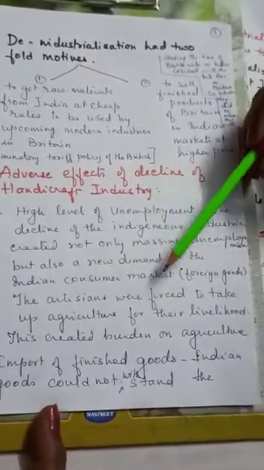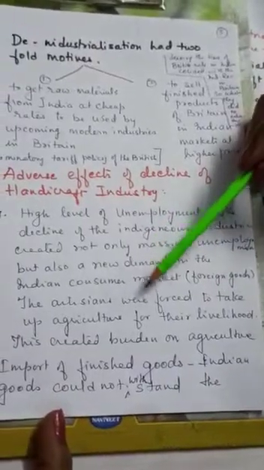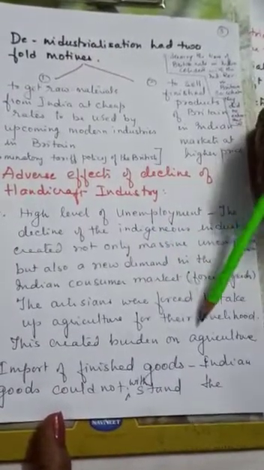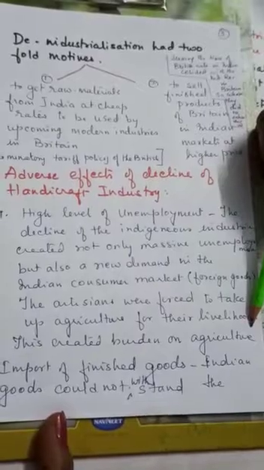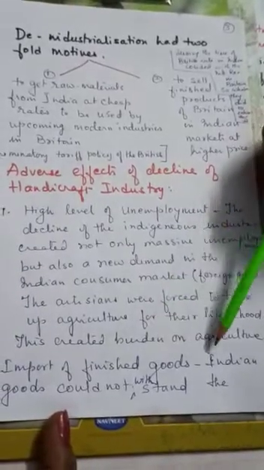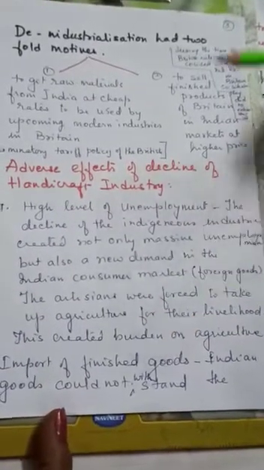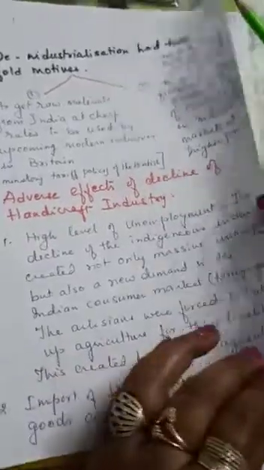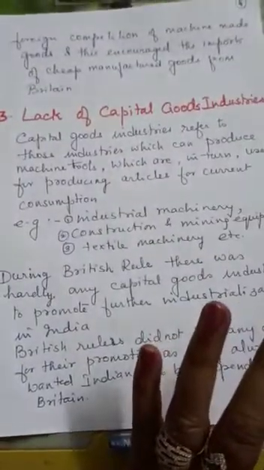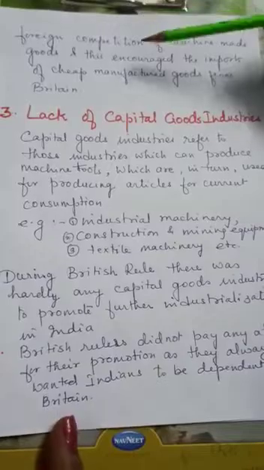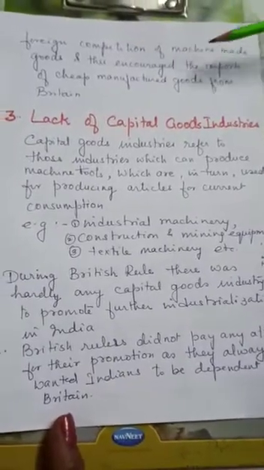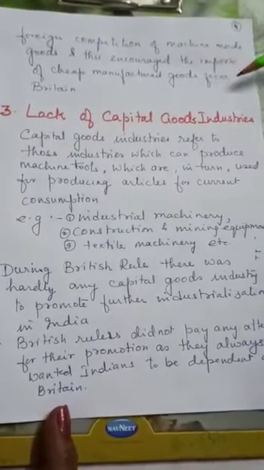The artisans were forced to take up agriculture for their livelihood. This created burden on agricultural sector. Indian goods could not withstand the foreign competition of machine-made goods, and this encouraged the import of cheap manufactured goods from Britain.